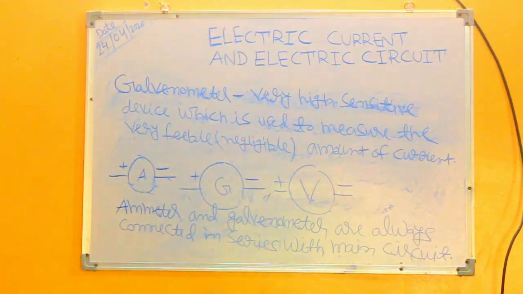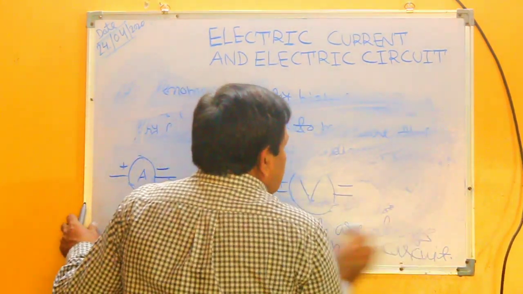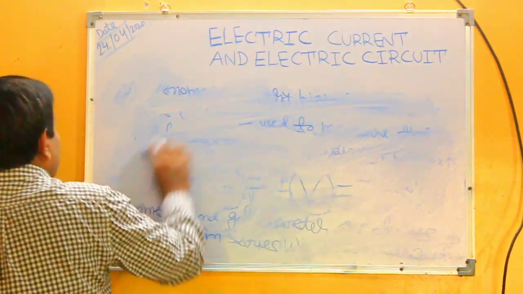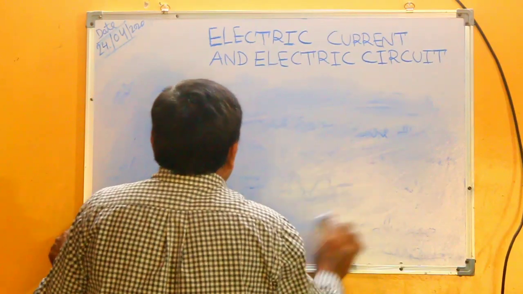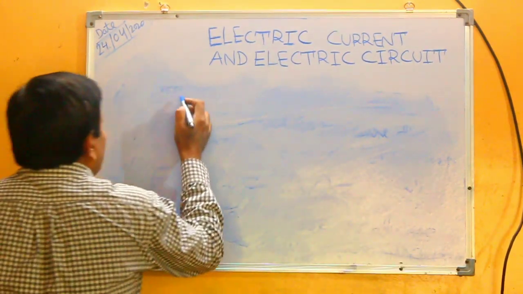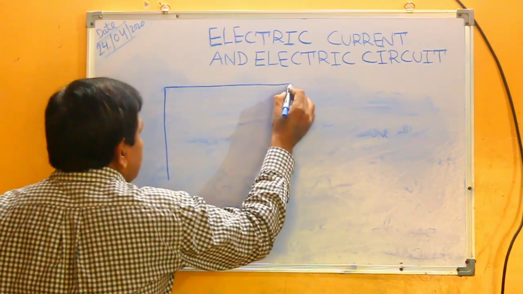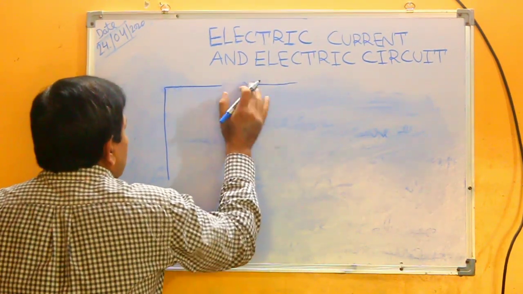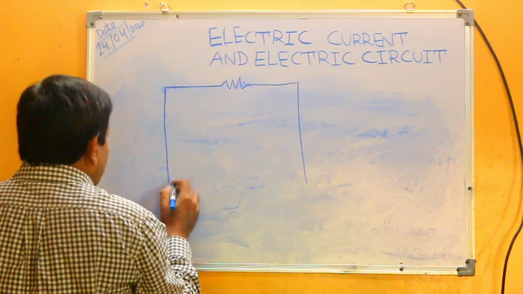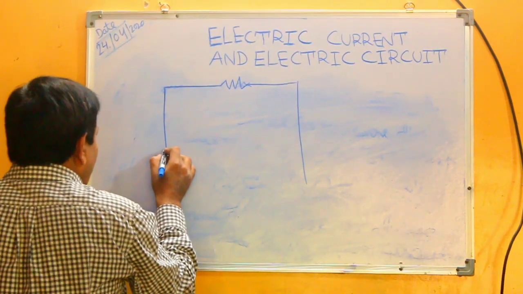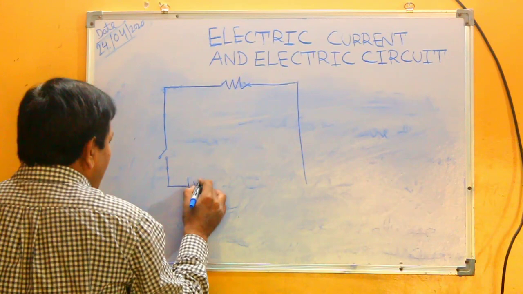So we can write here the direction of electric current in a circuit. Suppose that is a simple electric circuit which comprises one key and one battery.